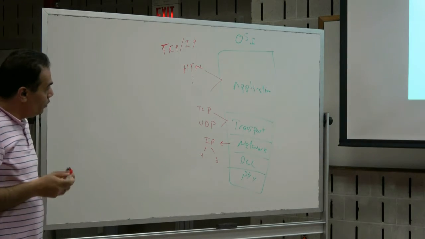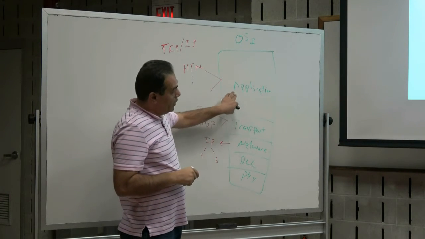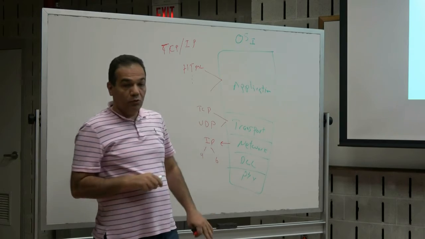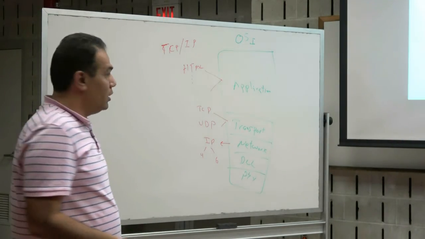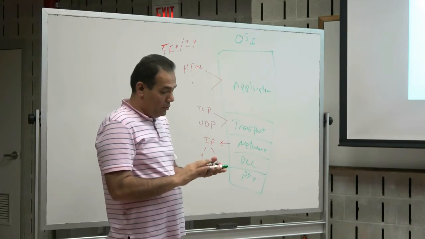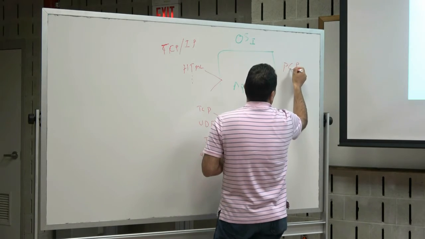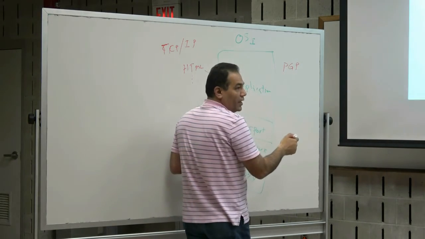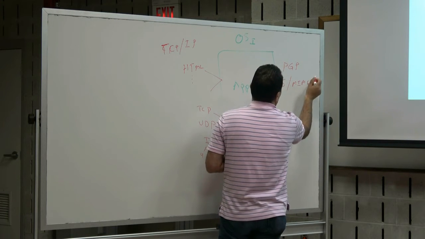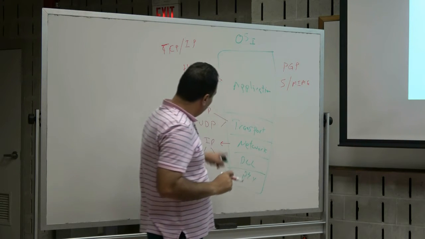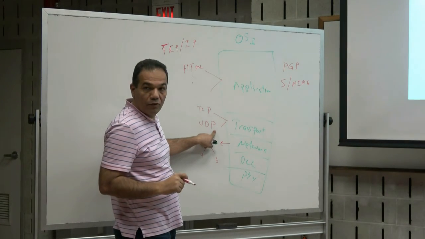Last time we looked at some security applications or protocols that we could use to secure our communication, right? Can you give me an example? Anybody remembers? PGP. Okay, PGP, Pretty Good Privacy. Today we'll talk about securing the transport layer transmission.